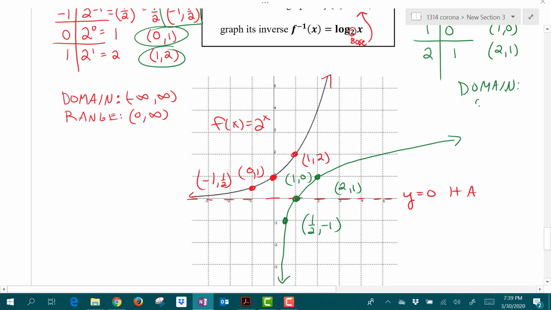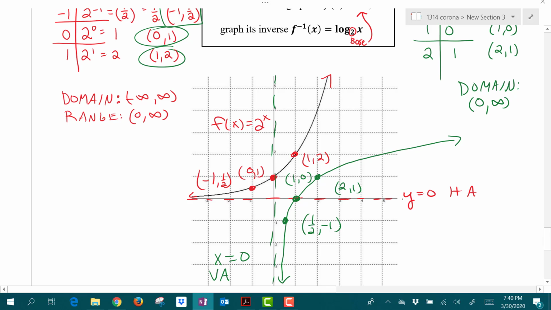should be what the range was of the exponential. So if we look at our graph, our domain goes from 0 to infinity. So that means that we don't have any x values at 0. And in fact, it turns out that x equals 0 is a vertical asymptote. So if y equals 0 is the horizontal asymptote for the exponential, switch the x and the y.